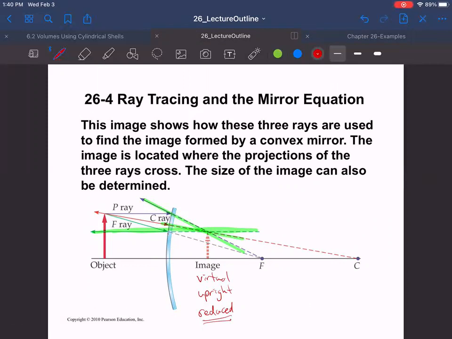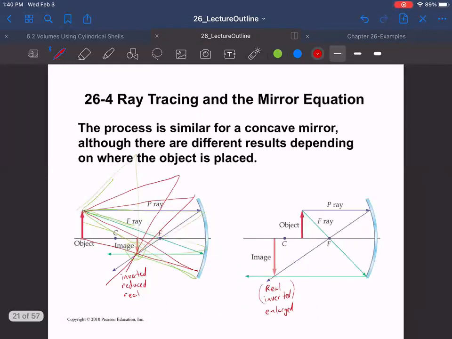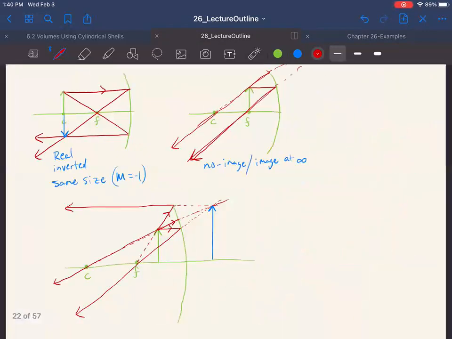They're reduced, so this one isn't going to work. So we come back over here. That's real. That's real. That's real. Hey, right here, we didn't even write it. Sorry. This is virtual, enlarged, upright. It's behind the mirror. That's all the properties we have right now, right?